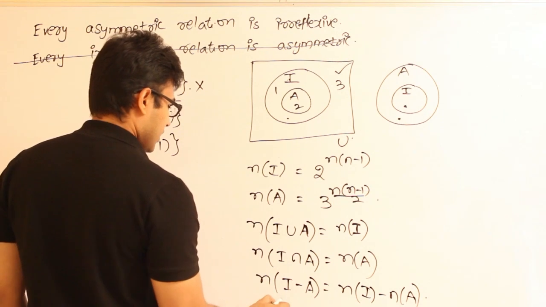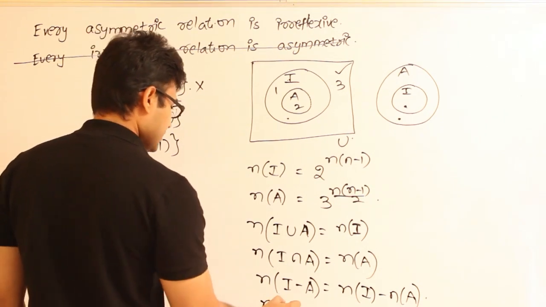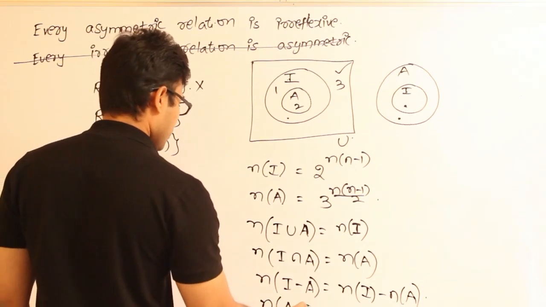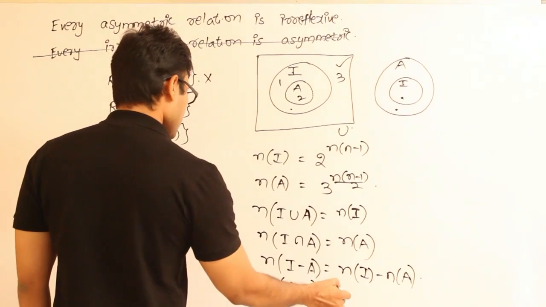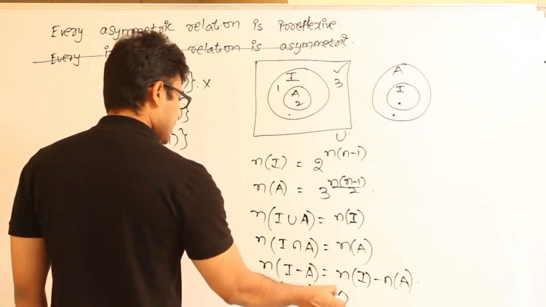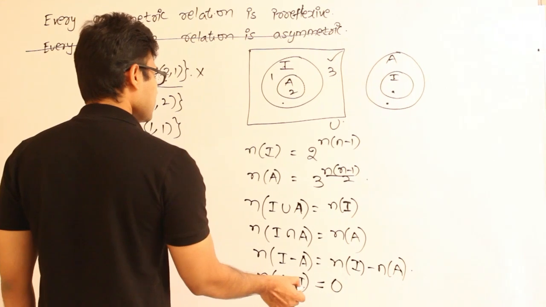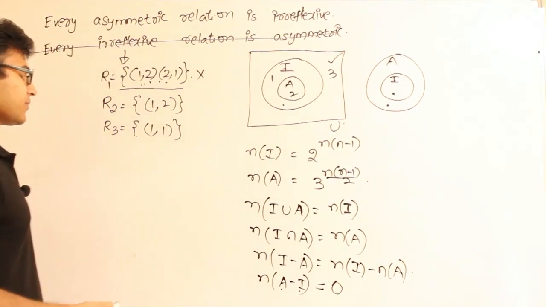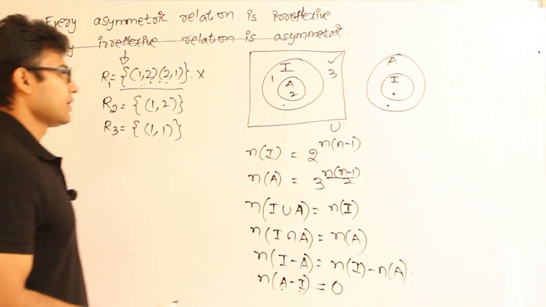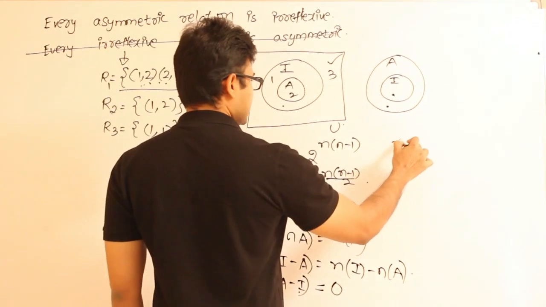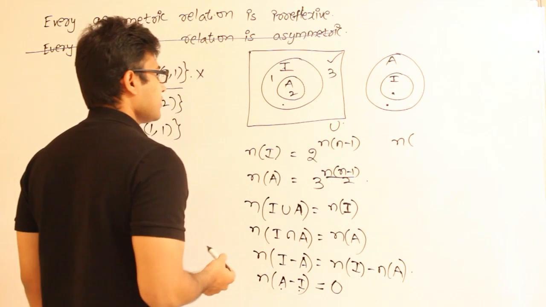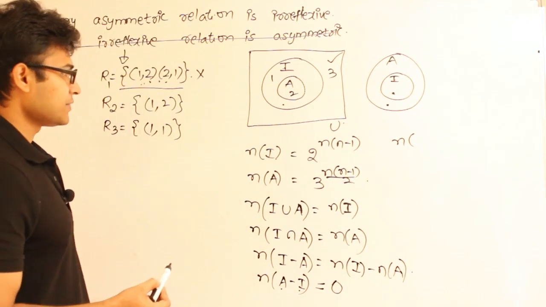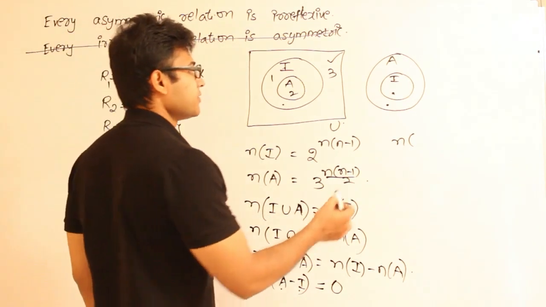Therefore, can you say the number of relations which are asymmetric but not irreflexive? It is going to be 0. The reason is every asymmetric relation is going to be irreflexive. Therefore, we cannot distinguish them, right? And then what is the number of relations which are neither irreflexive nor asymmetric?